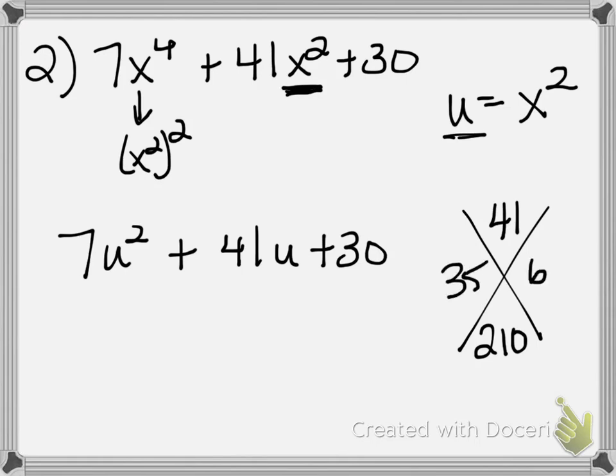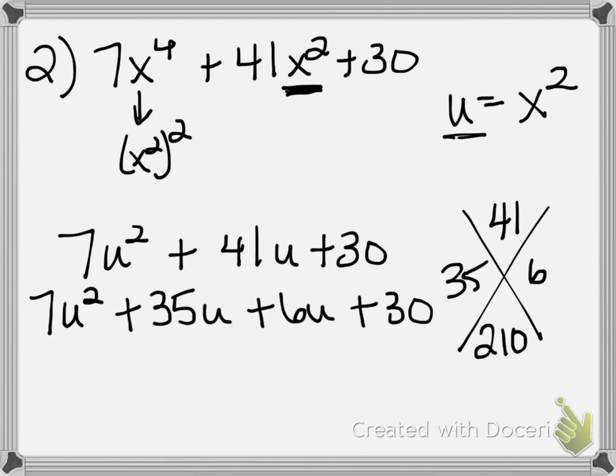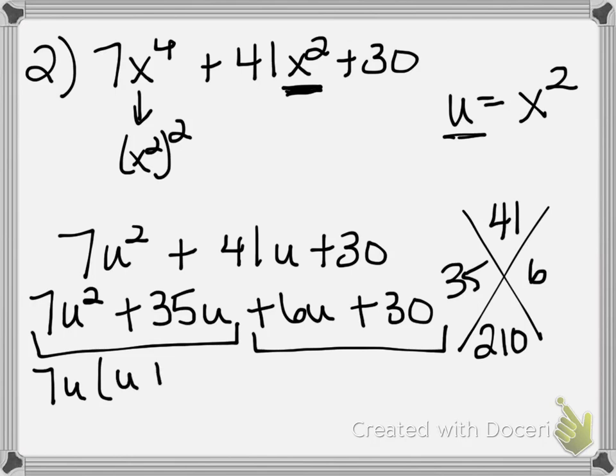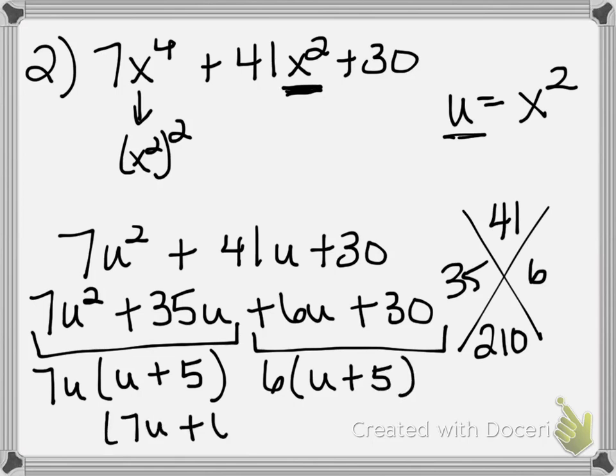Remember, a is not 1, so I have to do the long drawn out method. 7u squared plus 35u plus 6u plus 30. I need to then group them. None of this goes away, people. It stays with you forever. So I factor out 7u because that was in common, and I get u plus 5. Over here with the 6u plus 30, 6 can be factored out, and I get u plus 5. So now I have 7u plus 6 times u plus 5.